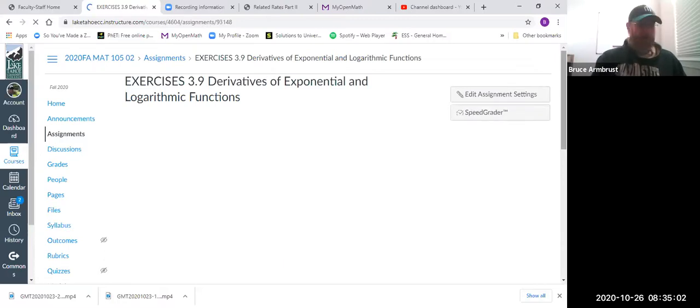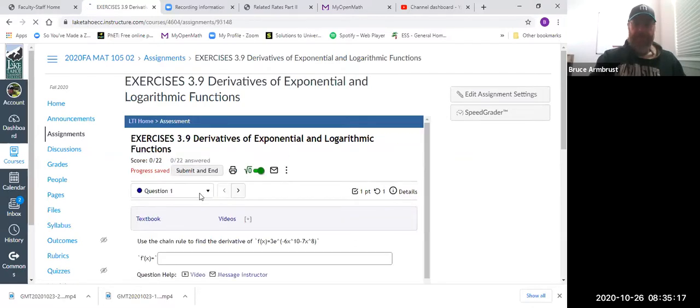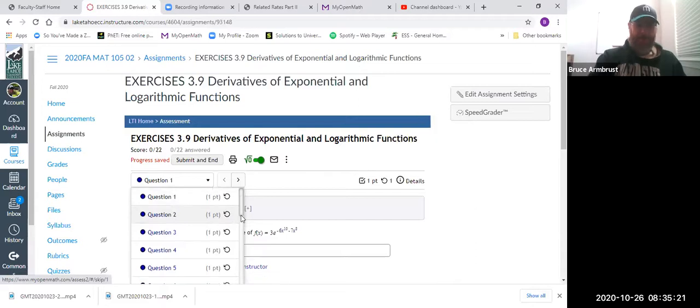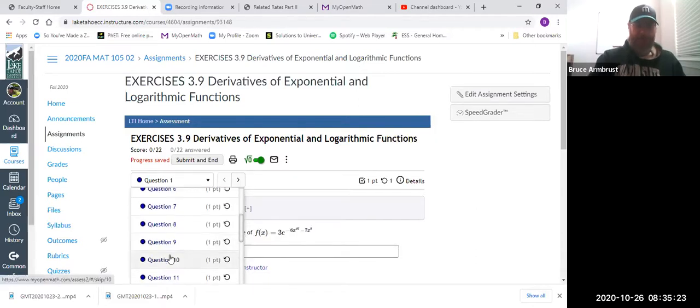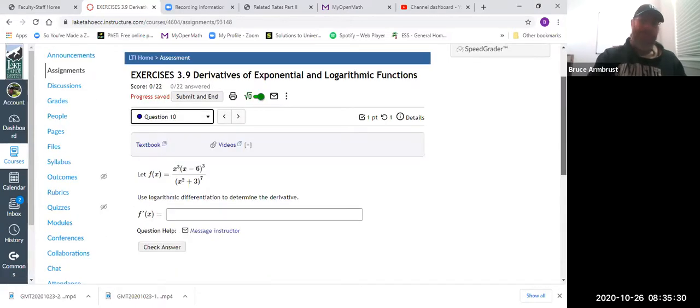I'm going to guess, without looking at it, that number 2 is one of those where we use the rules of logarithms to help us simplify a differentiation, but we'll find out when we get there. It's like Christmas. Can't wait to unwrap this question and see what I get to do. All right, so number 10 is one of those.